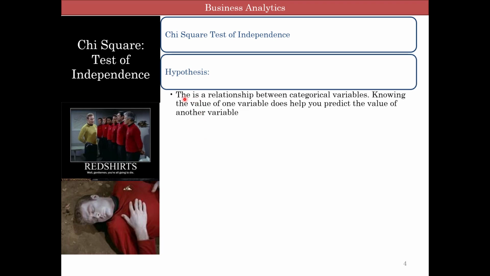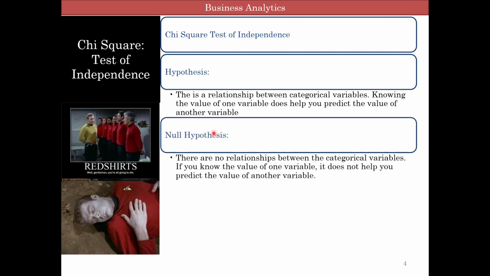So here the hypothesis is that there is a relationship between the categorical variables. In this case, one categorical variable is the color of your shirt, and the other categorical variable is whether you live or die, right?